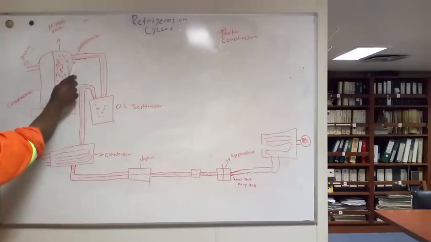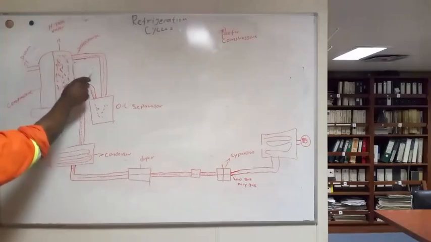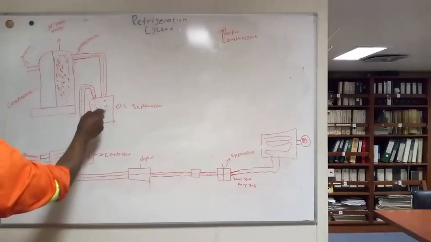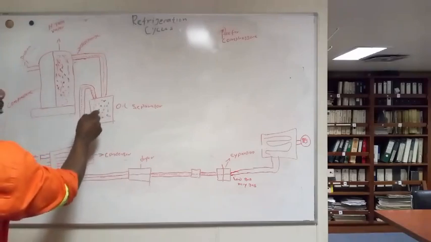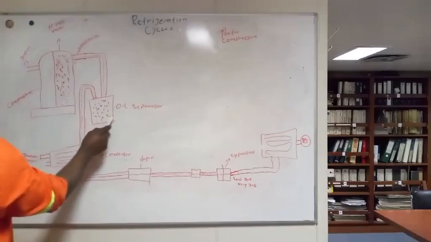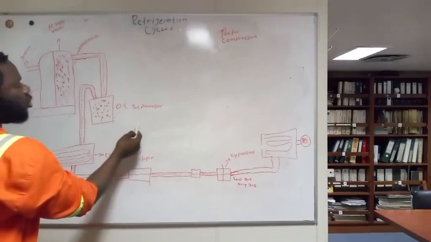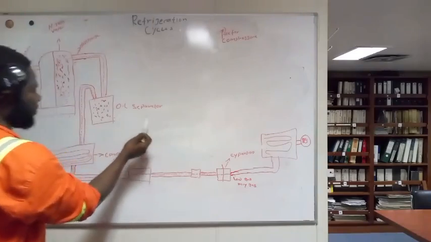The gas moves out from the compressor through the discharge line to the oil separator. The function of this oil separator is to separate the lubricating oil from the gas.